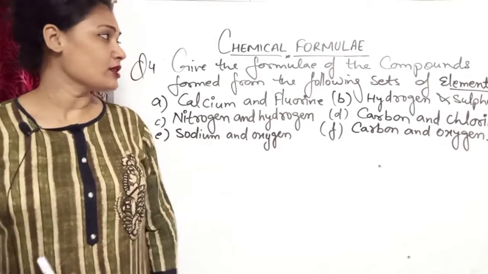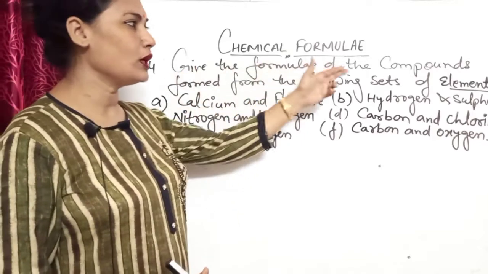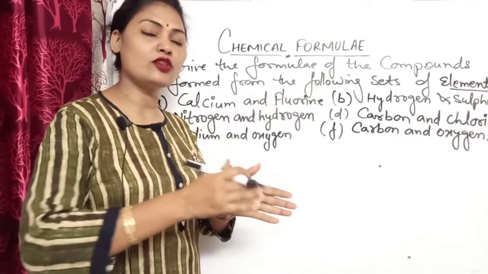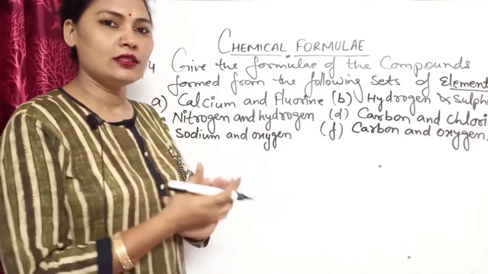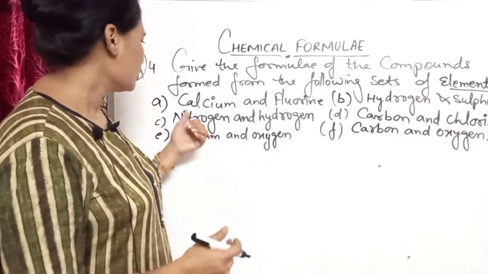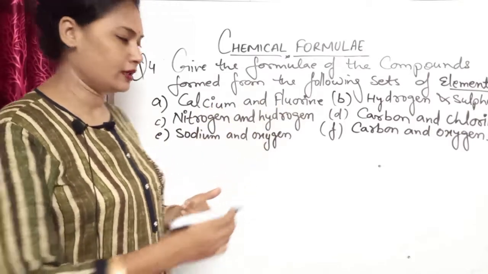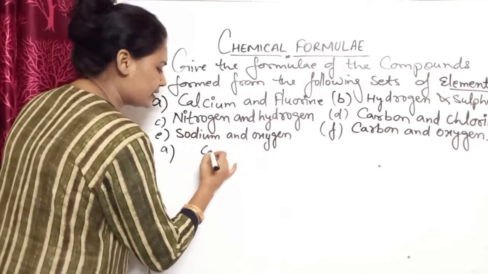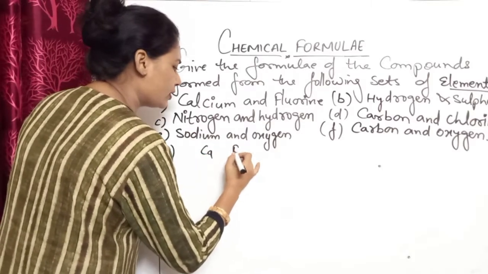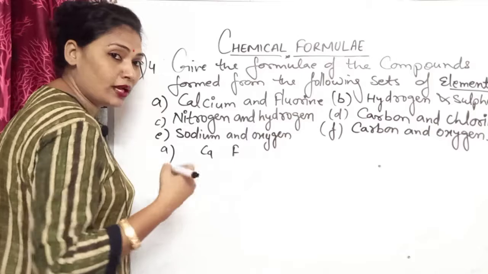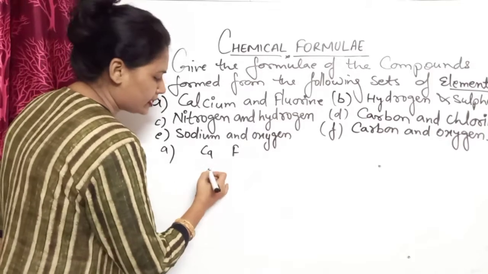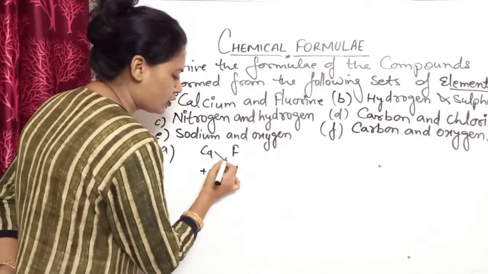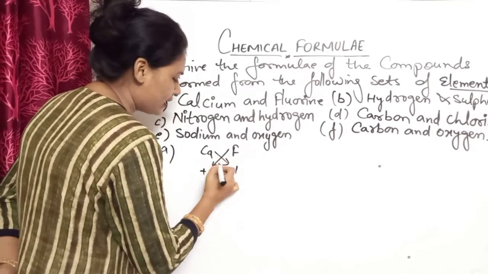Now the next question will be: give the formula of compounds formed from the following sets of elements. It means the sets of elements are given to you. So the first one is calcium and fluorine. Calcium has +2 valency, fluorine has -1 valency. Cross over the valency. Now what will you get?